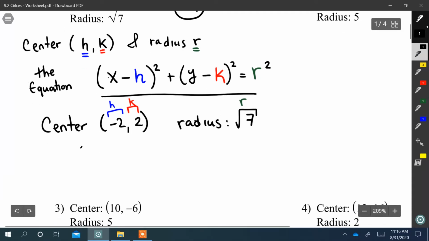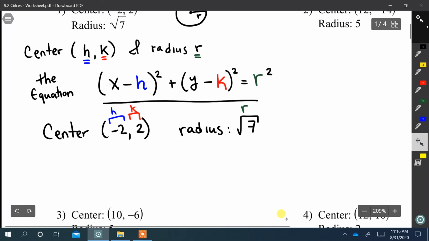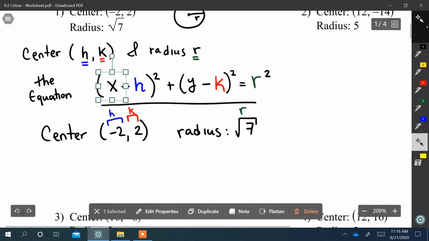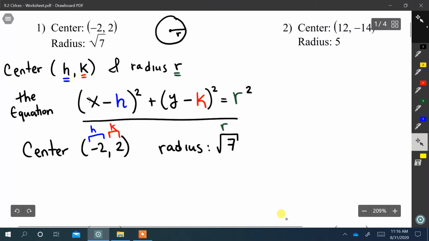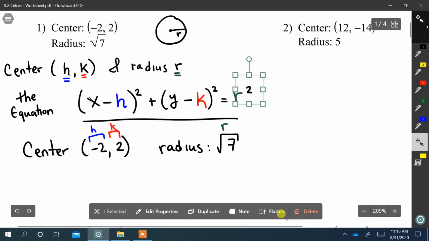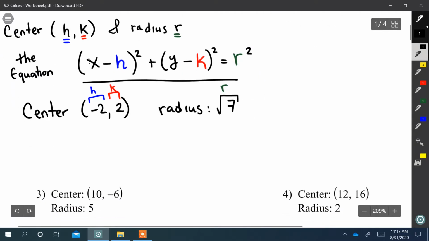So first of all, we have x. It would be kind of cool if I were able to copy all of this. No, I cannot. I wish I could just select all of those and copy and paste, but whatever.